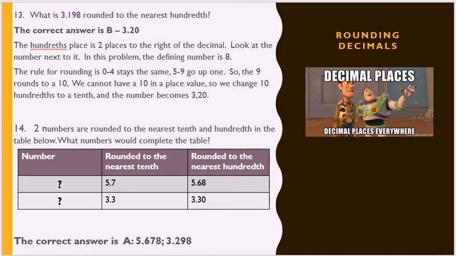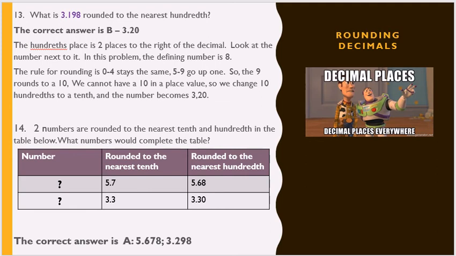If you were rounding it to the nearest hundredth, again, you would look: the hundredths place is the second place to the right of the decimal. Then you look at the next place, which is an 8, and that would change your 7 to an 8. So your correct answer then would be 5.68. So 5.678 would round to 5 and 68/100.